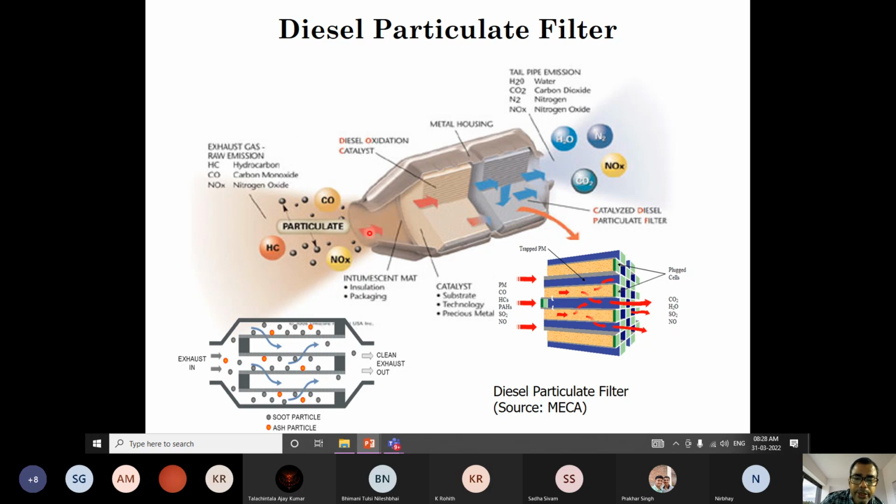When the exhaust gas enters this whole structure, it will first pass through the diesel oxidation catalyst, where the HC and CO will be oxidized, and then it will go into the DPF, and there the particulate is taken care of. Finally, what comes out is H2O, CO2, nitrogen, and NOx will still be there.